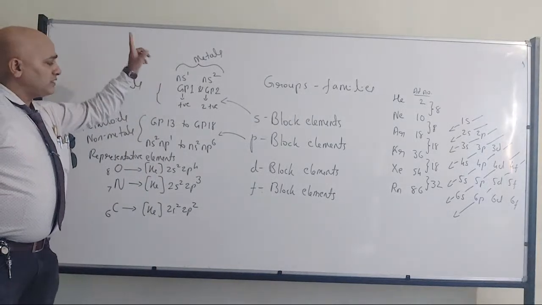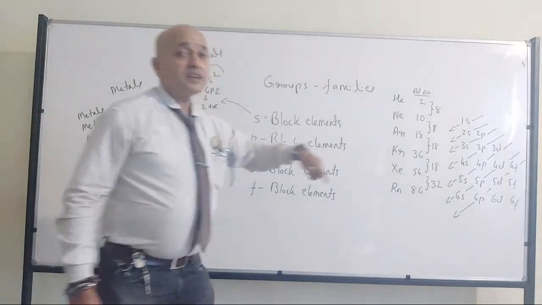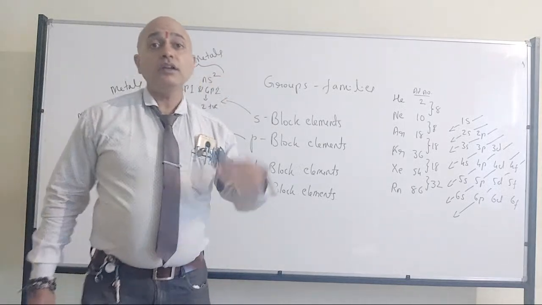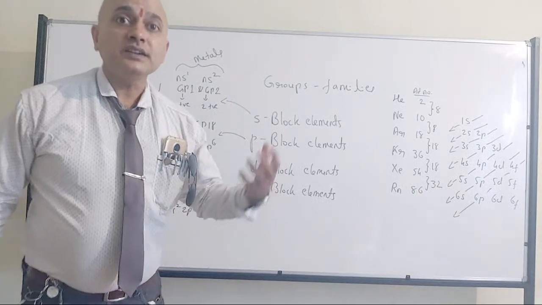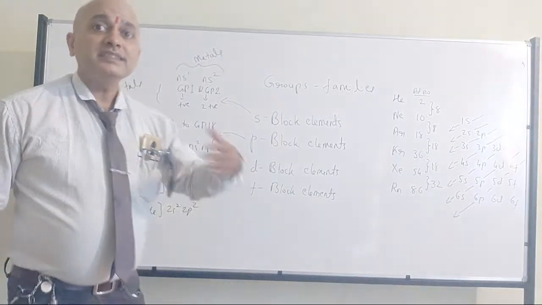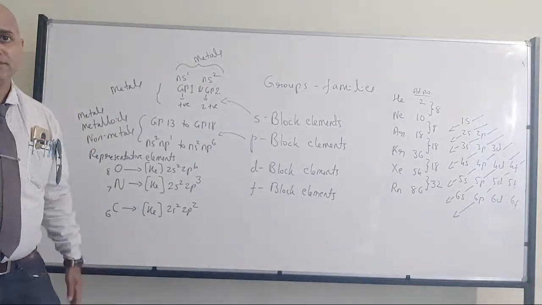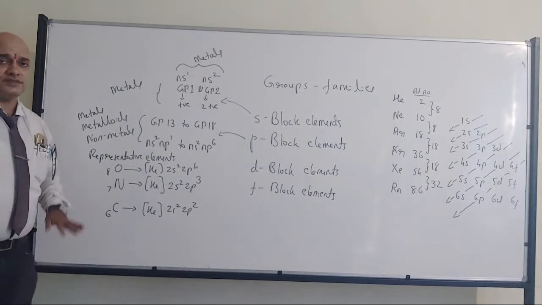Group 1, 1 valence electron, group 2, 2, group 13, 3, group 14, 4, group 15, 5, group 16, 6, then group 17, 7 valence electrons. Like that we can easily tell.